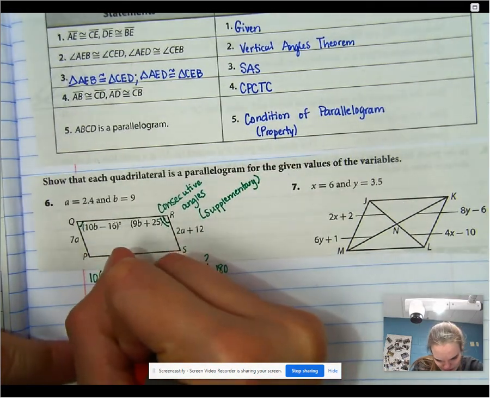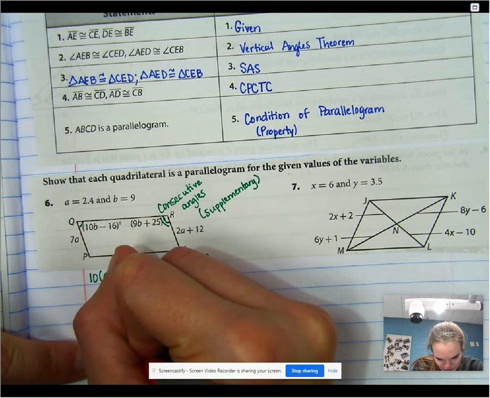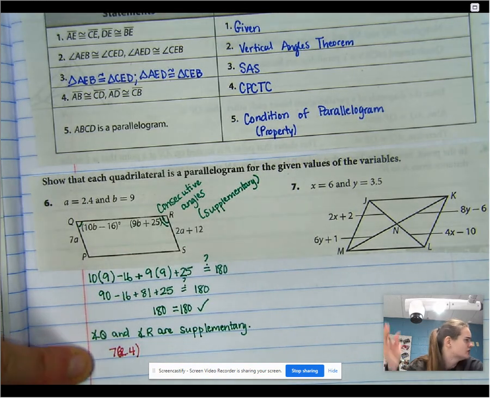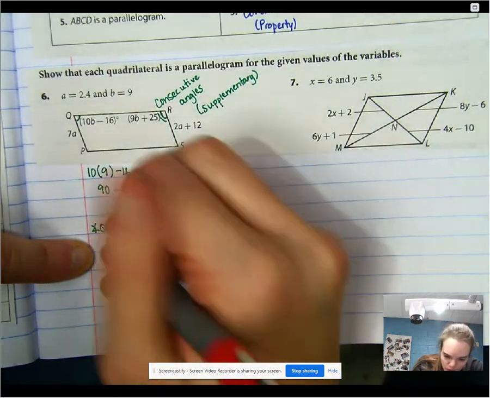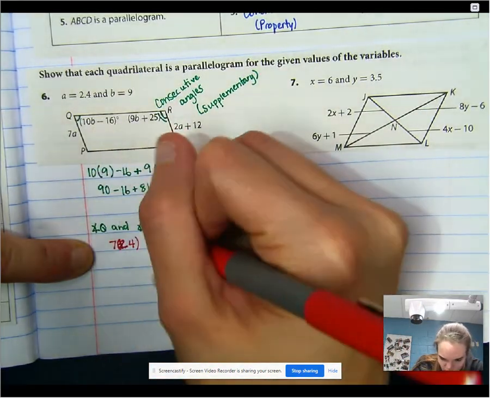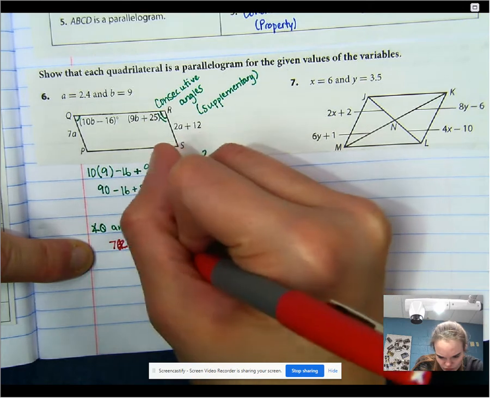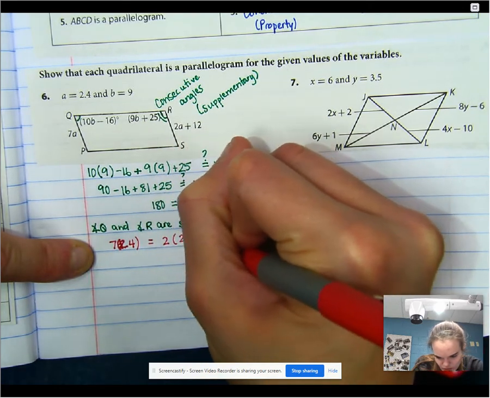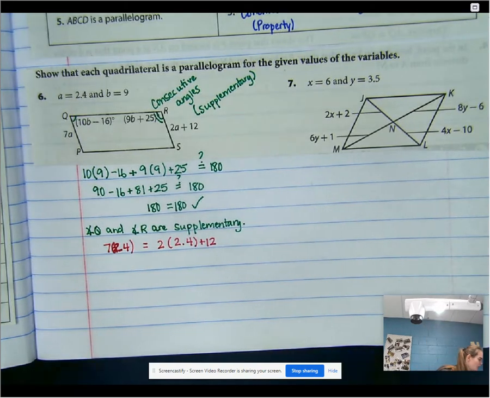So 7a, but instead of a, I'm going to put 2.4, should be equal to 2 times 2.4 plus 12. I'm really not feeling doing that in my head.